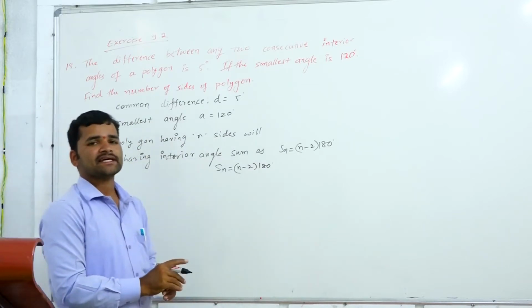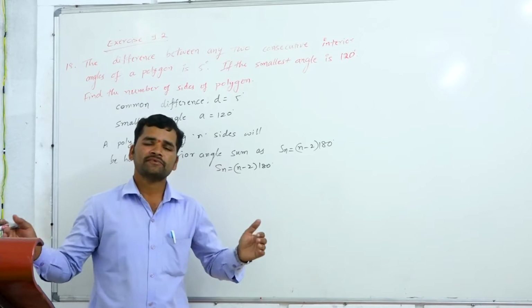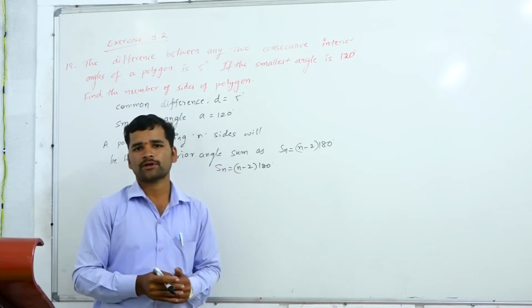But what is Sn here? Sn is the sum of first n terms of the arithmetic progression formula here.